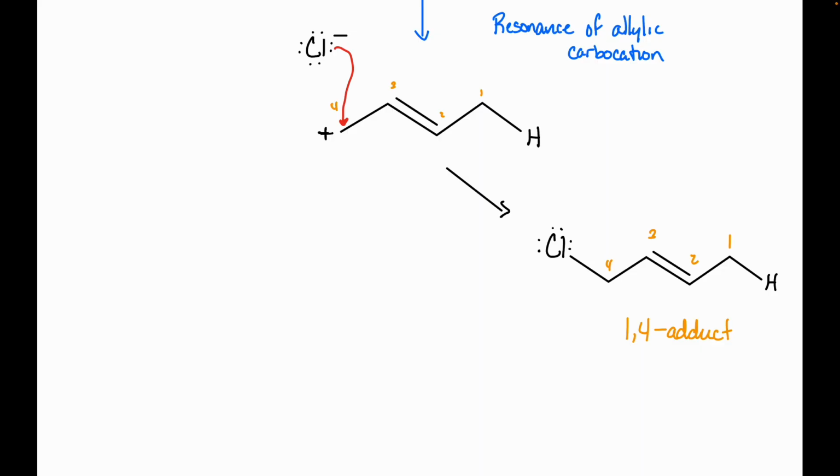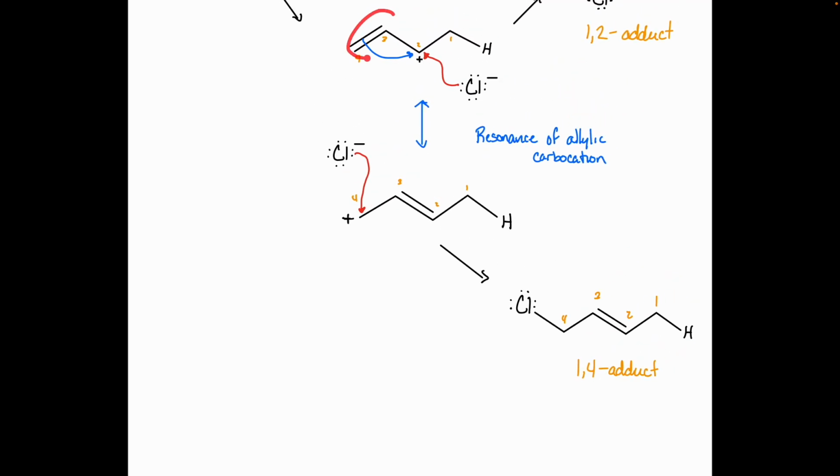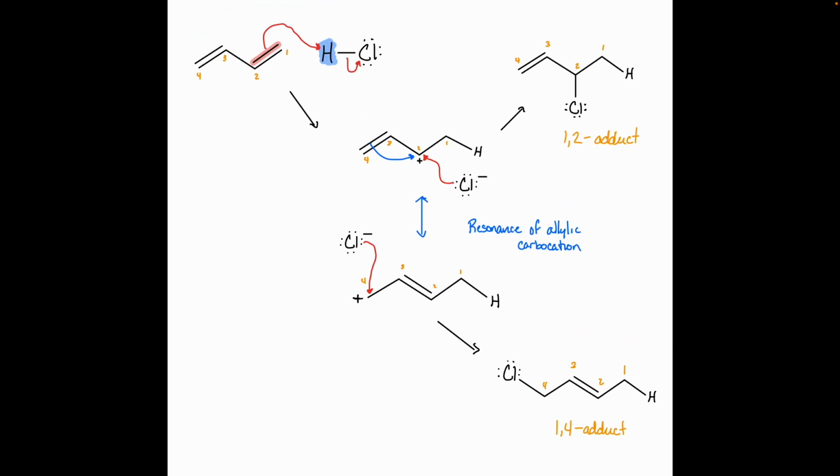All right, you can also note that in your 1,4 adduct, your carbon-carbon double bond has moved places as well, right? As a result of that resonance, it used to be between carbons 3 and 4, and now it's between carbons 2 and 3, all right, as a result of that resonance jump that we saw. Okay, so just to summarize here, we take a conjugated diene.